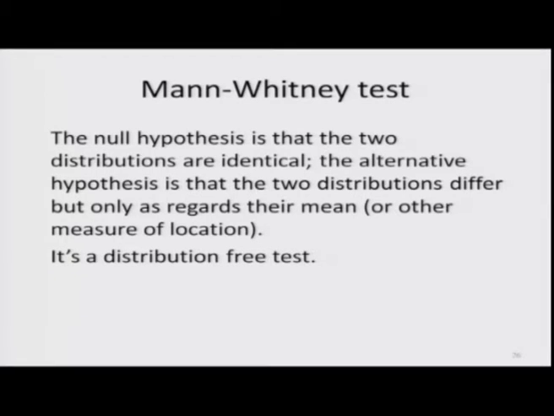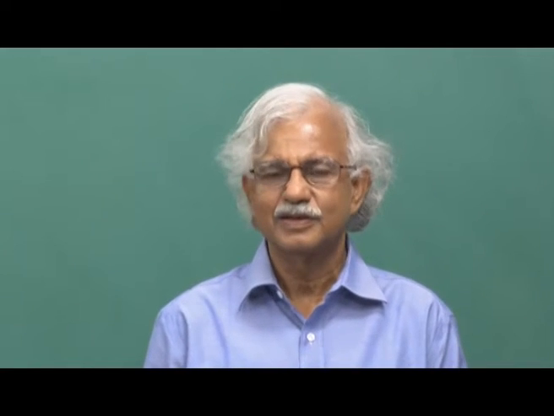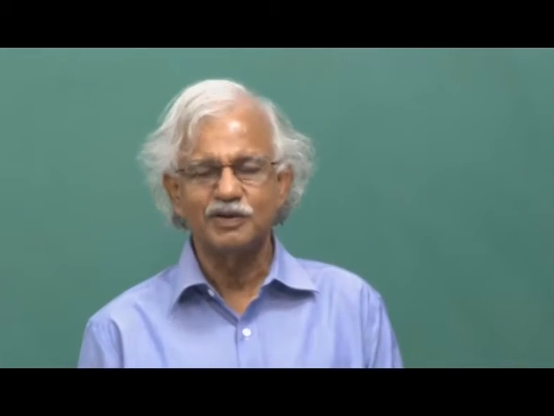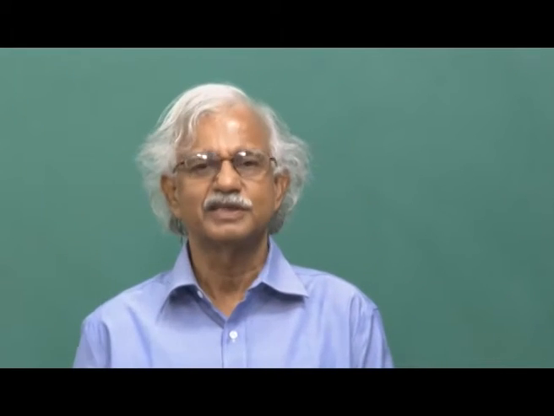They differ with respect to median and not with respect to other parameters. And it is a distribution free test. You do not make use of any distribution in the population. You do not assume that the observations come from populations which are normally distributed.